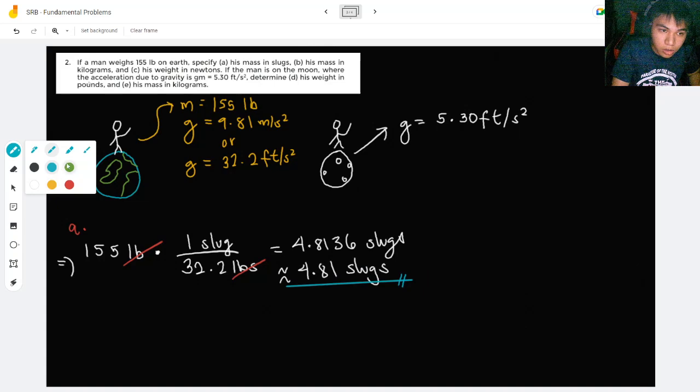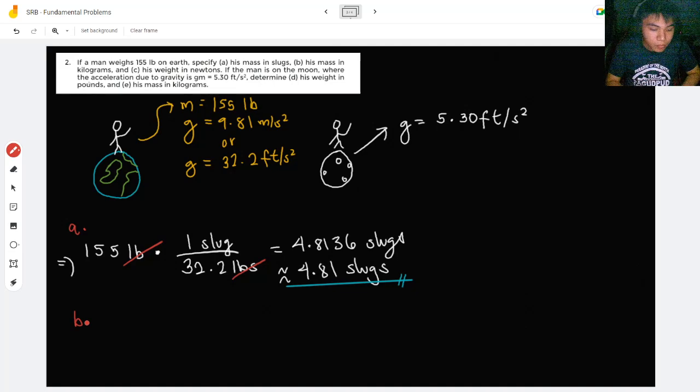Now we proceed with B. For B, what we have to do is compute the mass in kilograms. So basically we're converting pounds to kilograms. Yes, you can do it directly by converting pounds to kilograms, but let's do it by slugs this time around.